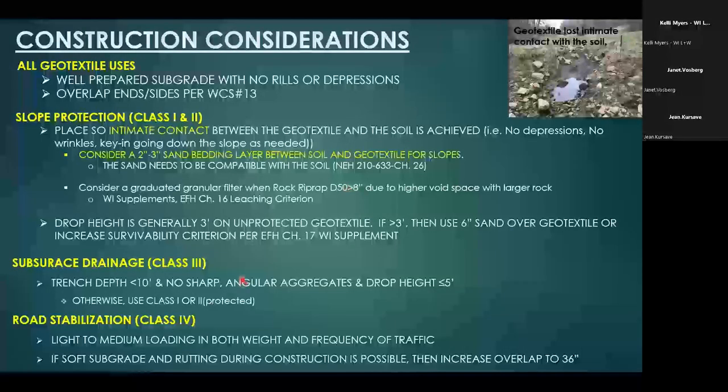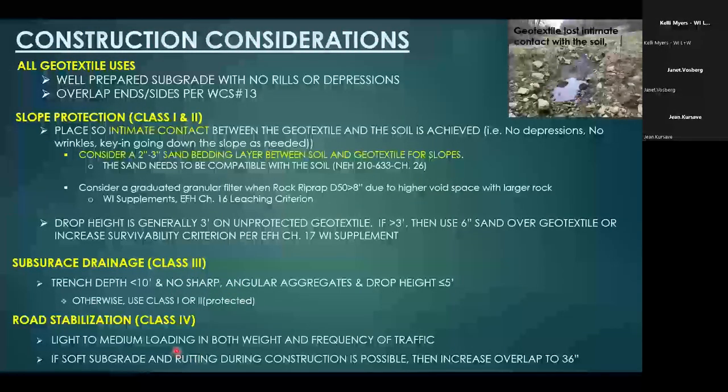All right, subsurface drainage. That class 3, we can't drop anything greater than 10 feet on it, and it can't be sharp, big rock riprap. And typically for subsurface drainage, we're using that 3/8 to 1.5-inch rock, so it's fine. But remember that you don't want to be dropping big stones on class 3.